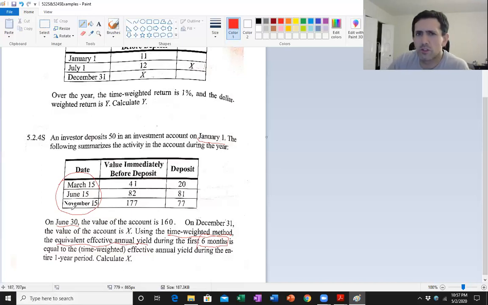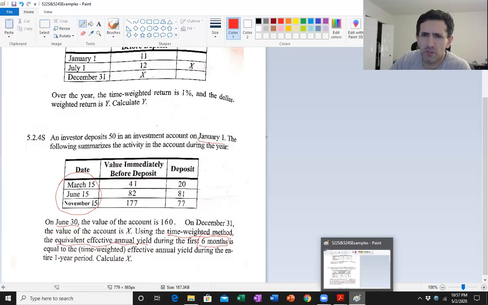Yeah, this first one is easy. You deposit $50 on January 1st and on March 15th, before your deposit, you have 41. So the growth factor there is just the 41 over 50.